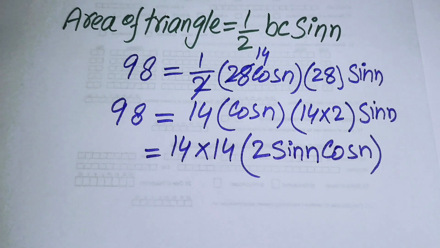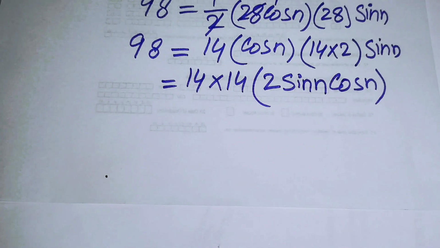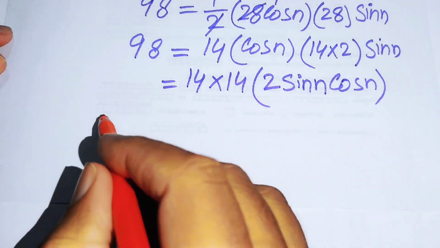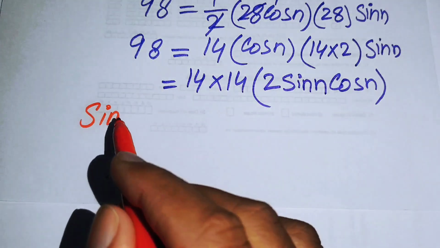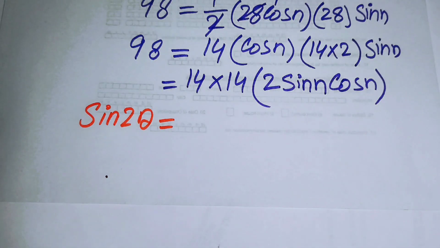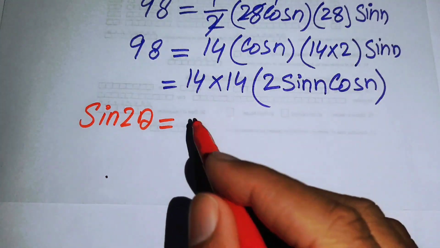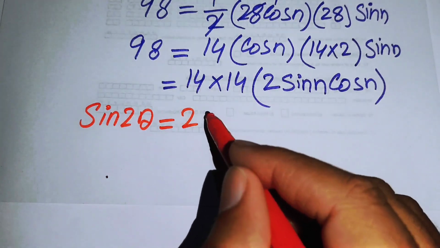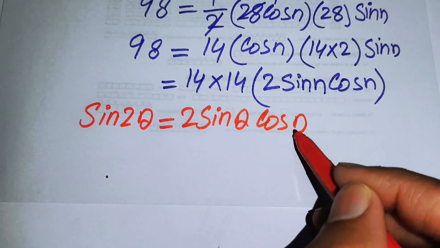To move forward, first I can explain a concept of geometry here. We need the well-known double angle identity. If we have sine of 2 theta, then this is a very important and well-known formula: it equals 2 times sine of theta into cos of theta.